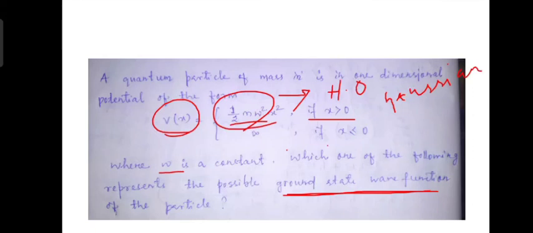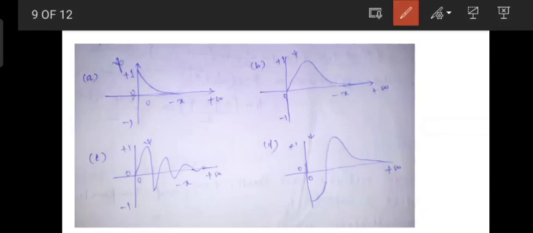Let us find out which one of the following is correct. Now for the ground state, how will we find which of the following is the graph of the ground state wave function? From the graph we can know this by the nodes. Now what are nodes?